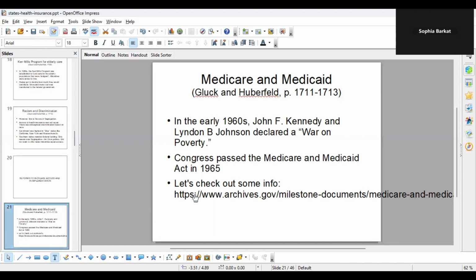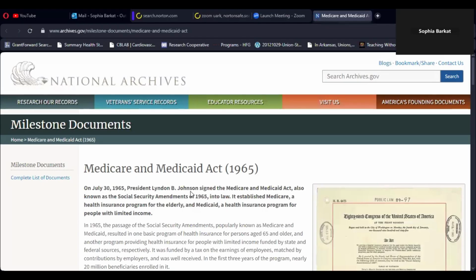Let's take a look at the history. Here we are in the National Archives, at www.archives.gov/milestone-documents/medicare-and-medicaid-act.